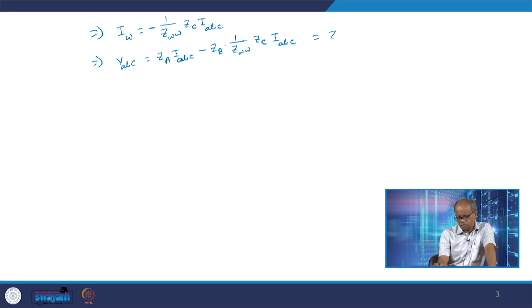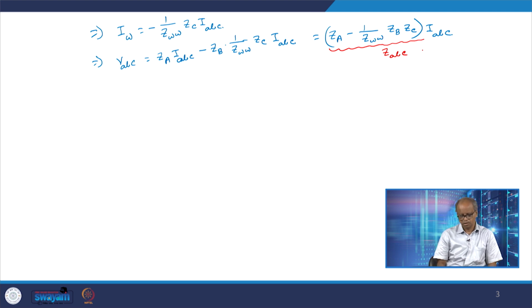So I can write down it's ZA minus, because this is a scalar quantity, I take it outside, ZB ZC into IABC. So I call this matrix ZABC. So therefore we have VABC is equal to ZABC into IABC.